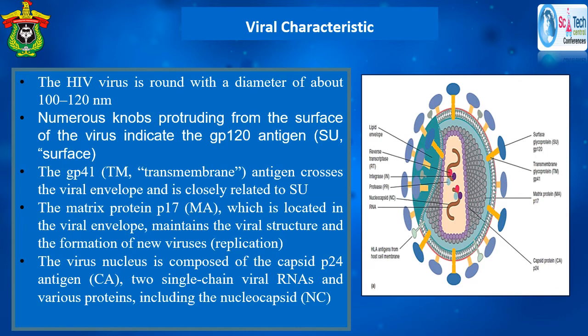The GP41 or transmembrane antigen crosses the viral envelope and is closely related to surface. And then this is the matrix or P17, which is located in the viral envelope and maintains the viral structure and the formation of new virus replication.